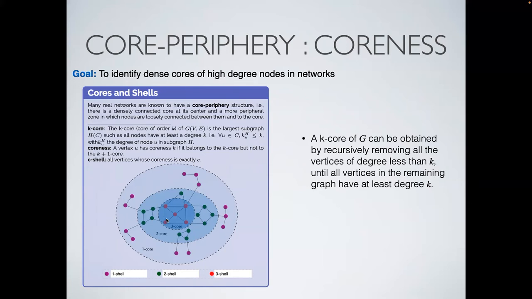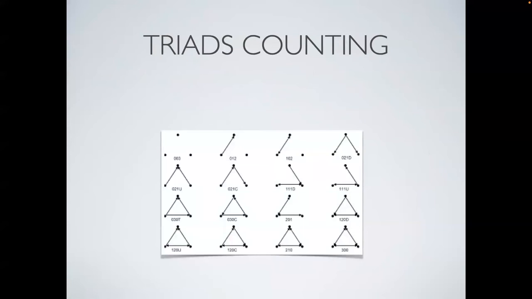I won't go into the details here, but just remember that your network can have a core periphery structure or not: a dense core of nodes all connected together, and outer areas with less connected nodes that are connected only to the center.